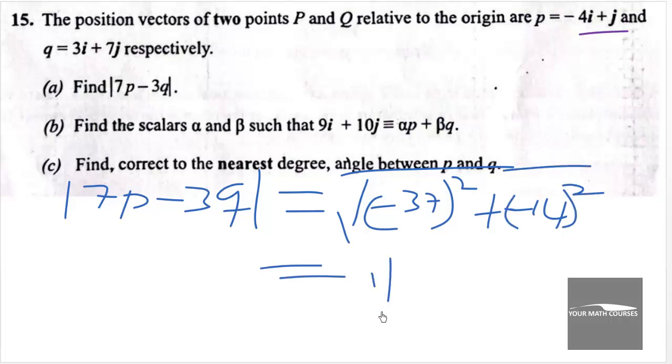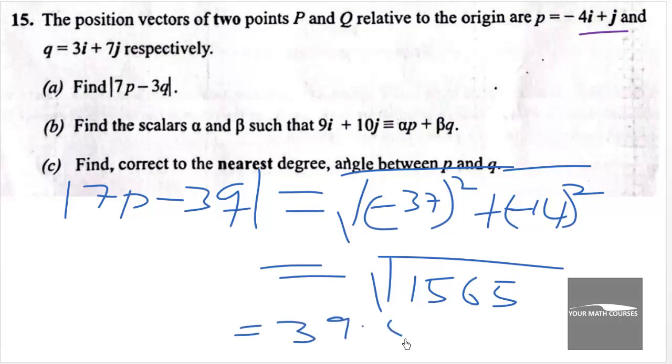And this will give us the square root of 1565, or in decimal form, we are obtaining 39.56 units.